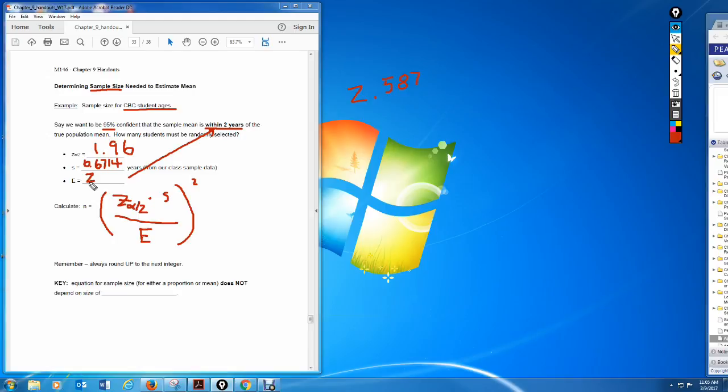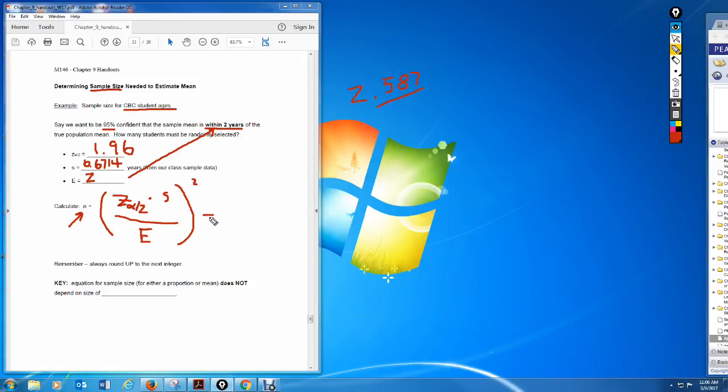So how do you think this sample size will compare to our sample size of 28? Well, it should be bigger, right? Because a bigger sample size will reduce the error. And that's what we want. We want to reduce the error from 2.587 down to 2.